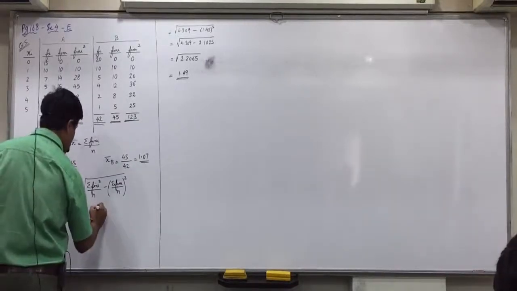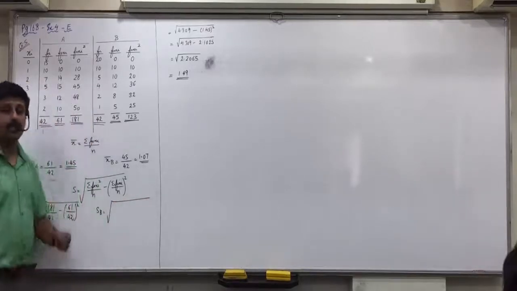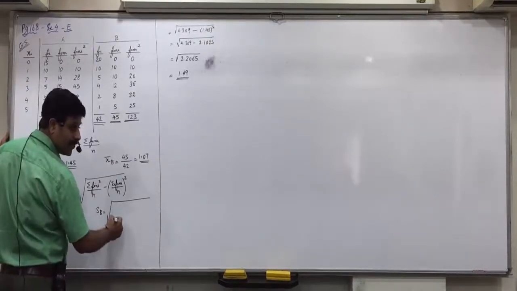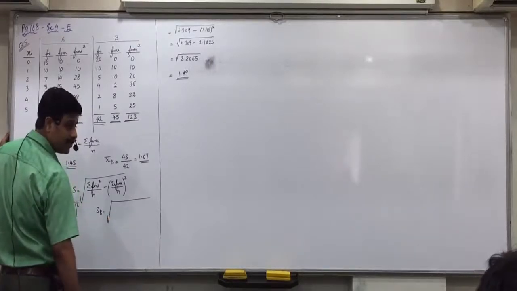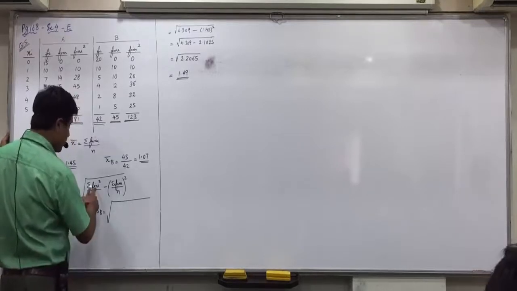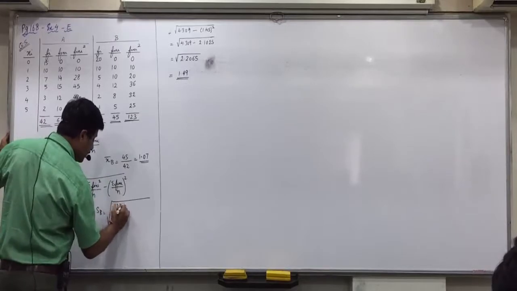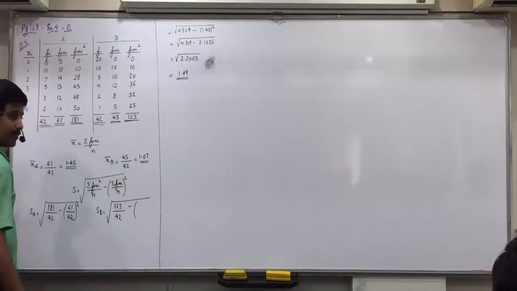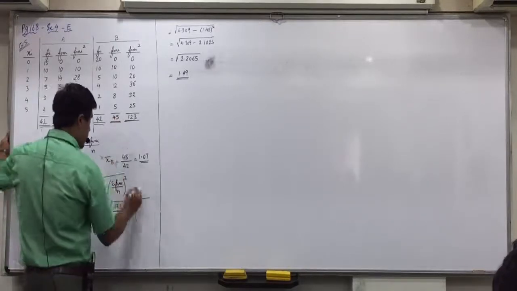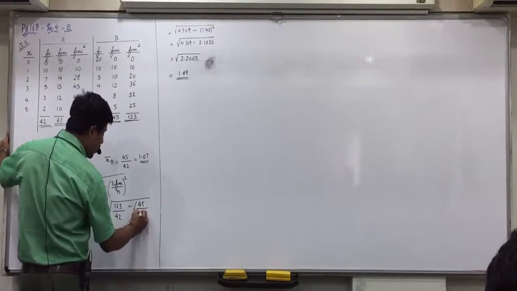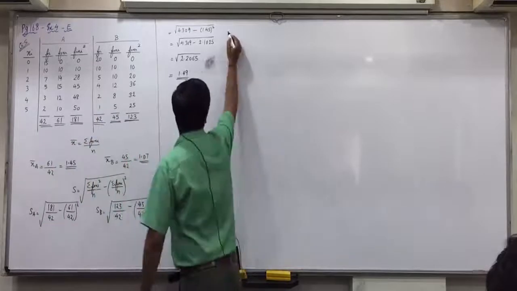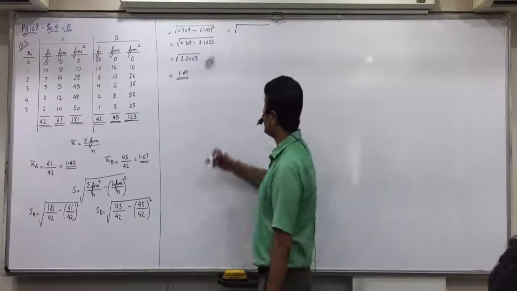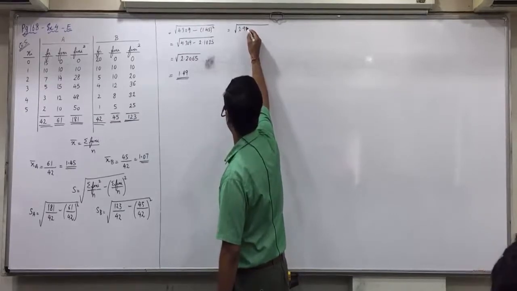Same way we have to find the standard deviation of team B also. So for team B, what is sigma fixi square? 123 upon 42, where n is the total of fi, 42, minus sigma fixi, 45, upon 42 whole square. 123 upon 42 is 2.9285.